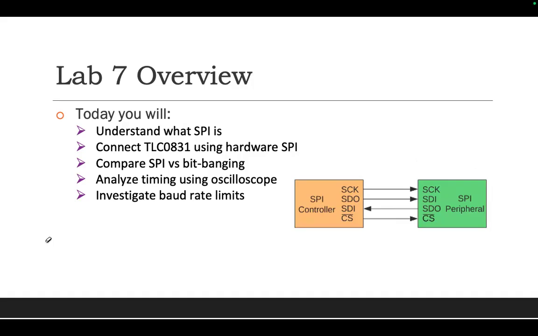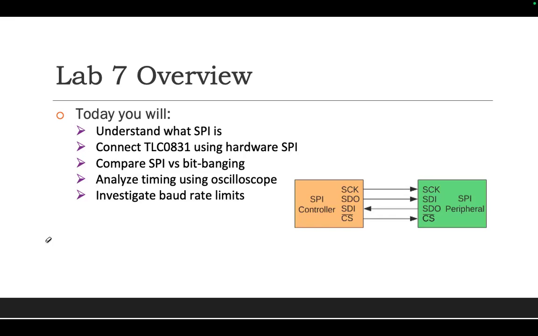Okay, and then let's talk about lab 7. For lab 7, you will understand what SPI is, and also you will connect the TLC0831 using hardware SPI. We have already used the TLC as a software SPI. Then you compare hardware SPI with software SPI, and analyze timing using the oscilloscope.